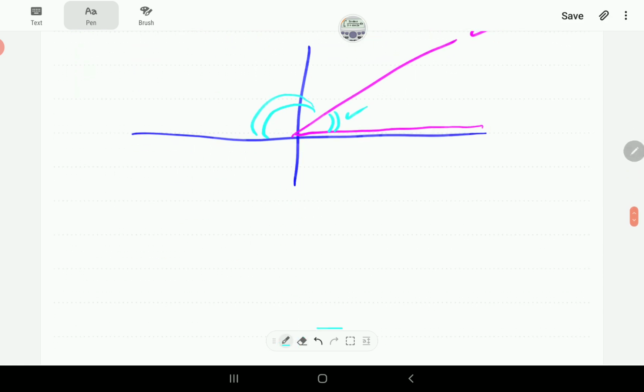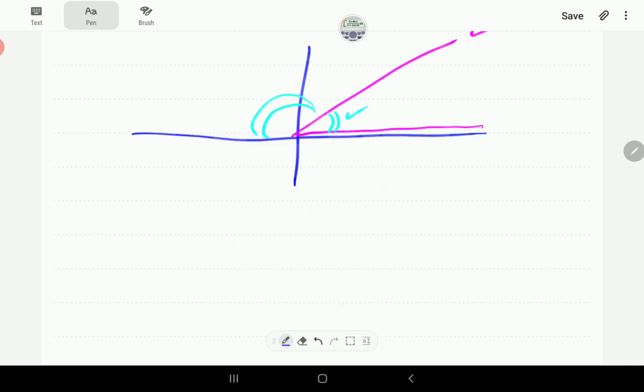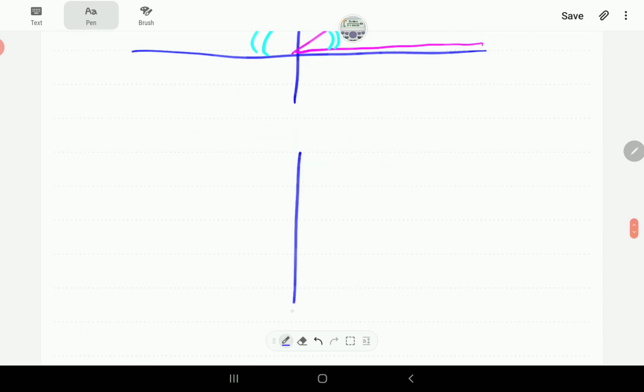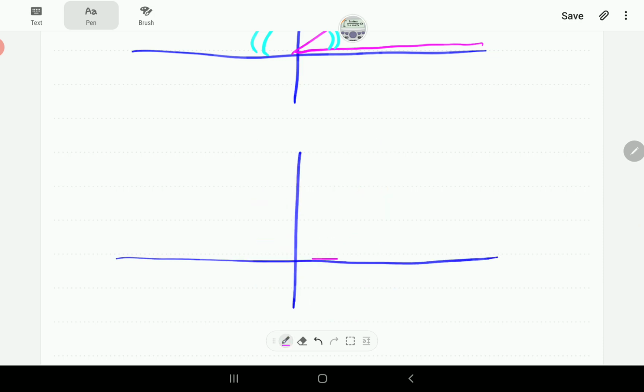Another example. Suppose this time we have an angle in the second quadrant. So that's the initial side, and there is the terminal side. This time this is the angle made with the horizontal axis, and this is the other one.